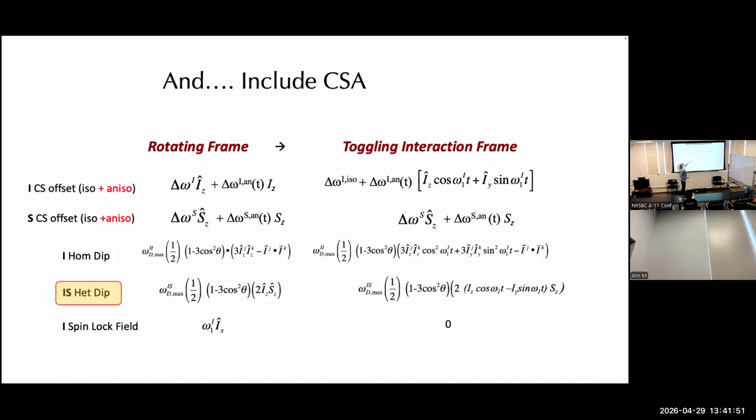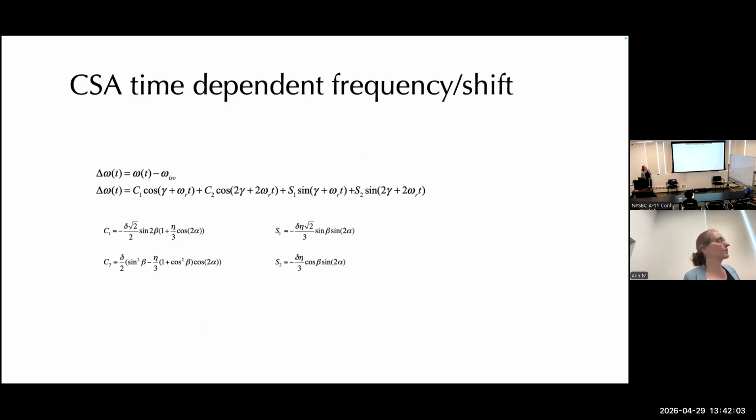CSA is also an I-Z type operator, but it has this offset that's anisotropic and a function of time, and it's on the next slide, taken from what we derived together. The delta omega is relative to the isotropic shift, and it's all of this stuff for chemical shift.